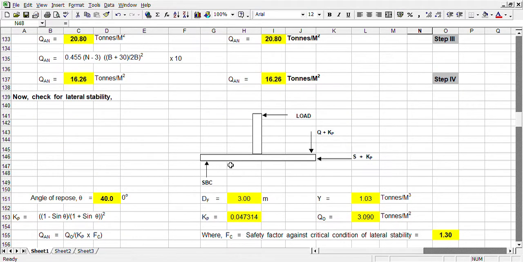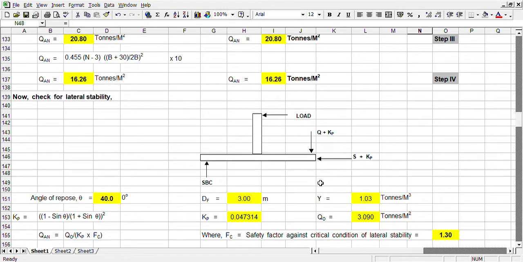Now, a lot of queries and questions are always coming from some engineers and scientists, basically practicing engineers and young engineers. They are asking what shall be the lateral stability of shallow foundation during horizontal load?